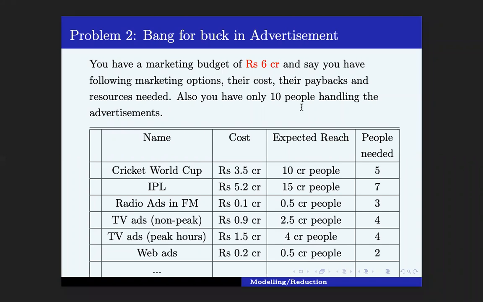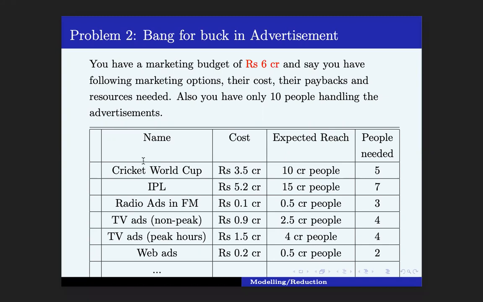But at the same time, you have to employ so many of your human resources into it. So this says that 5 people will be required for that, and you only have 10 people. So if you want to put advertisements on the Cricket World Cup, this is what you do.